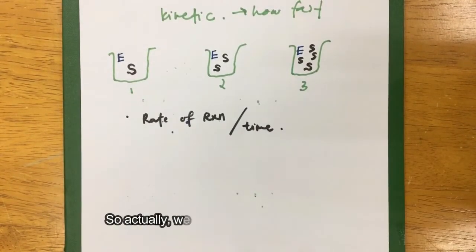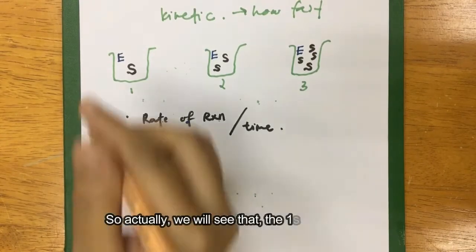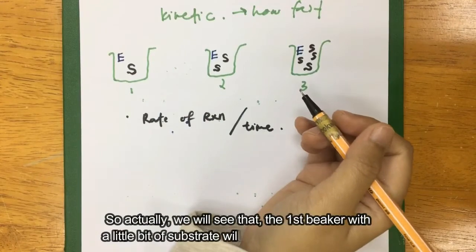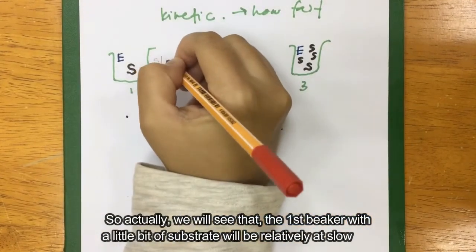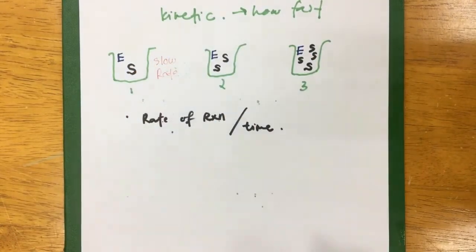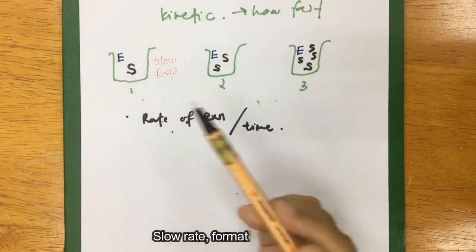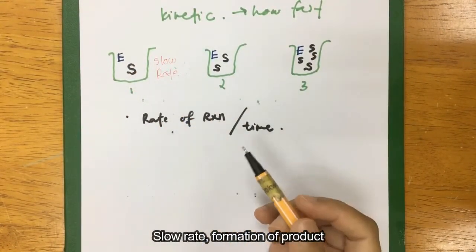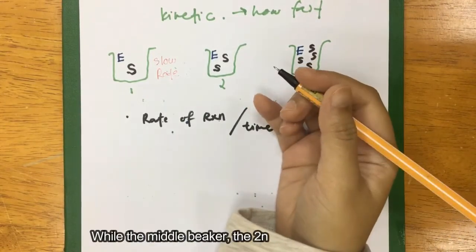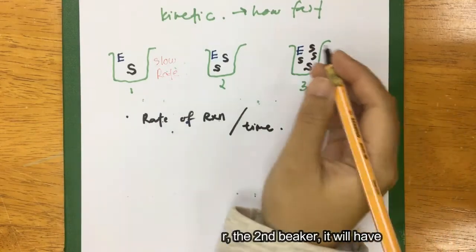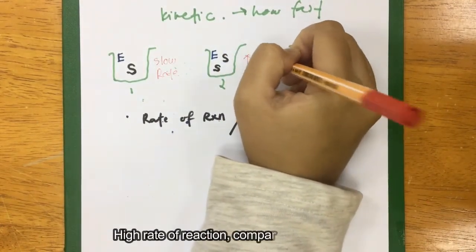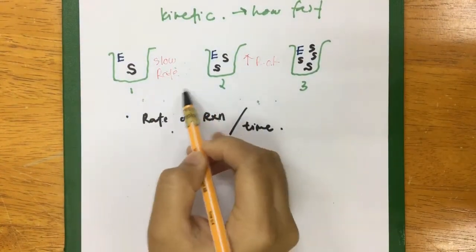So actually, we will see that the first beaker with a little bit of substrate will have a relatively slow rate of formation of product, while the second beaker will have a higher rate of reaction compared to the first one.